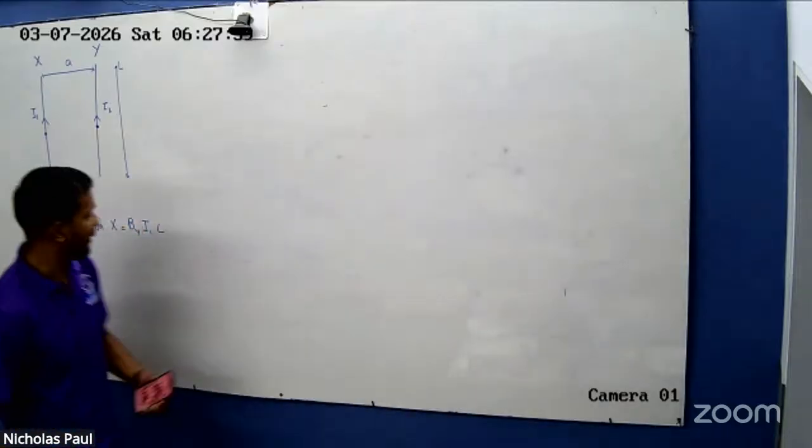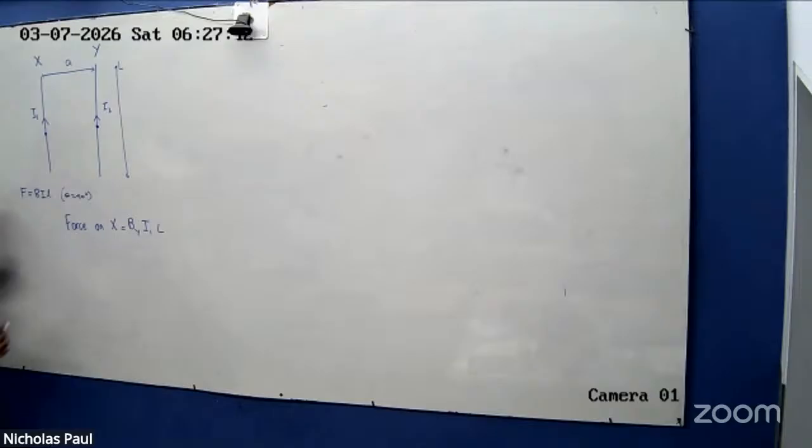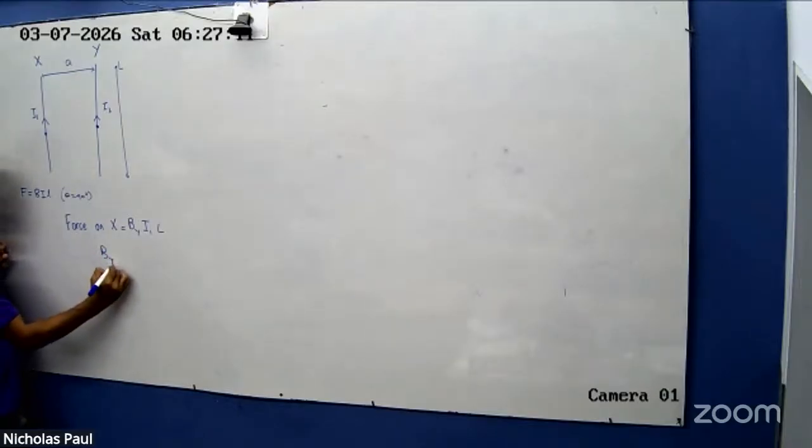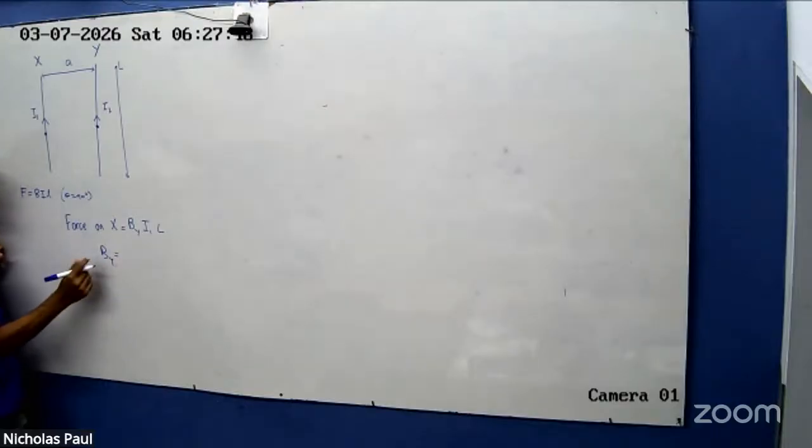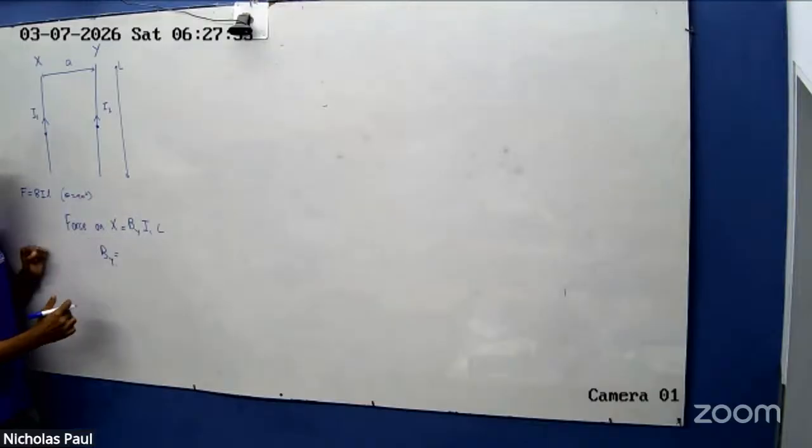How do we find By? What is the magnetic flux density or magnetic field strength at Y?